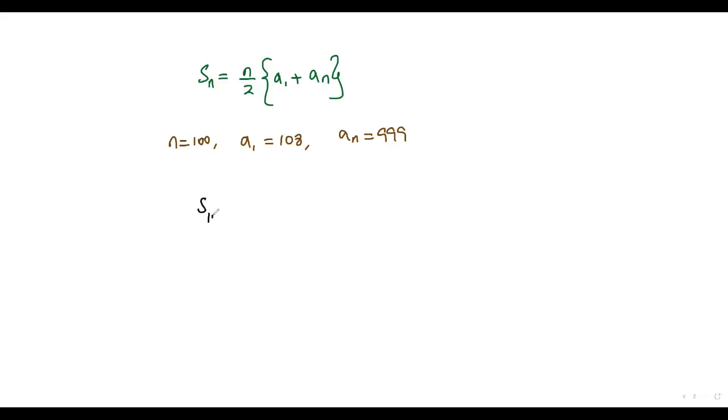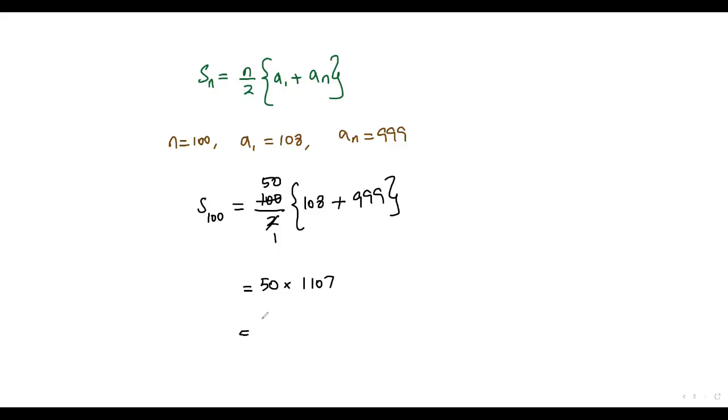Then I'll be getting S100 = 100/2 times (108 + 999). 2 goes into 2 one time, 2 goes into 100 fifty times. So I get 50 times, and when I add 108 and 999, it will be 1107.